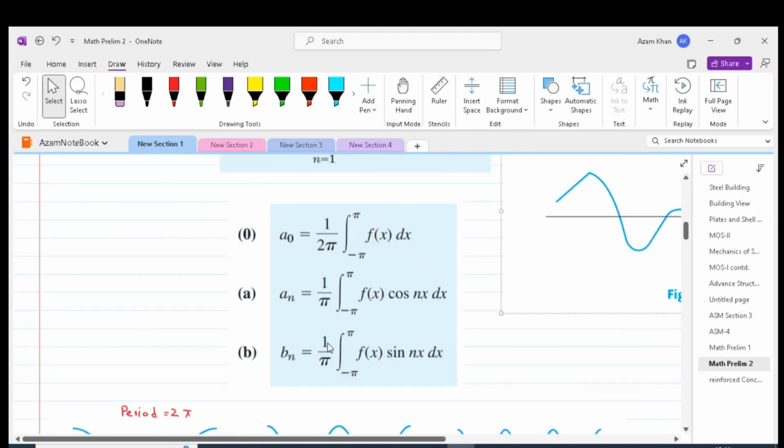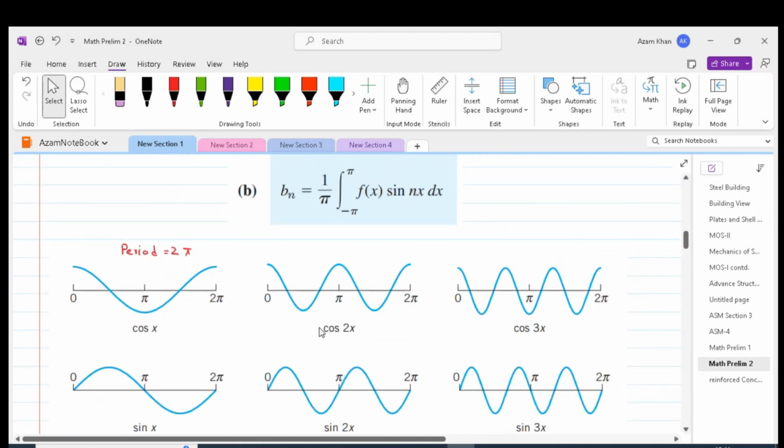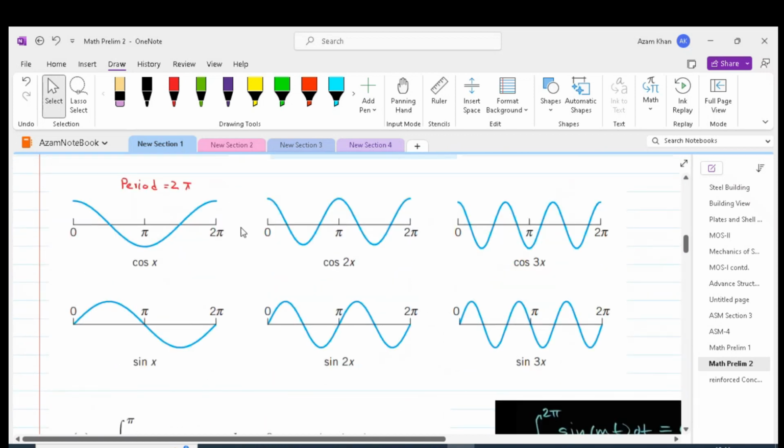So for example, if we have an unknown function whose a2 is very high as compared to other weighting factors, that means that the contribution of cos 2x is very high, and hence the frequency of cos 2x will be the dominant frequency of that function. Please note that all these functions have periods of 2 pi. Thus, their frequency will be equal to 1 by period, which means 1 by 2 pi cycles per second.